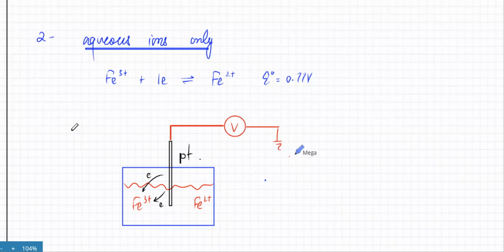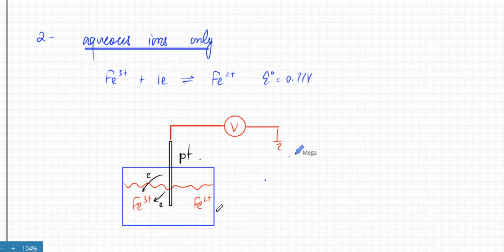I have one question about it. When Fe3+ is gaining electrons, how do we know if Fe3+ is gaining electrons or Fe2+ is gaining electrons? Actually, I'll tell you. Because you've added so many Fe3+ and Fe2+ ions, there could be lots of possibilities.